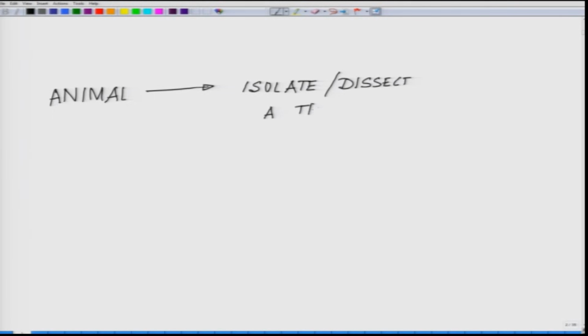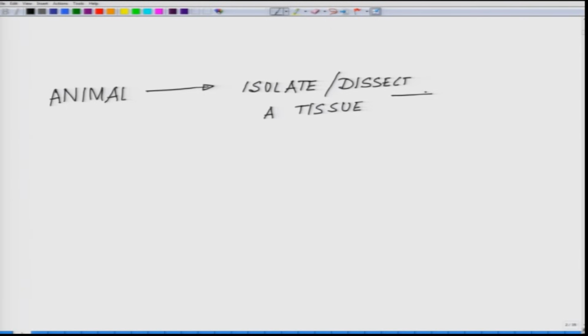What I am trying to tell you is that, say for example, from an animal, I isolate or dissect a tissue.